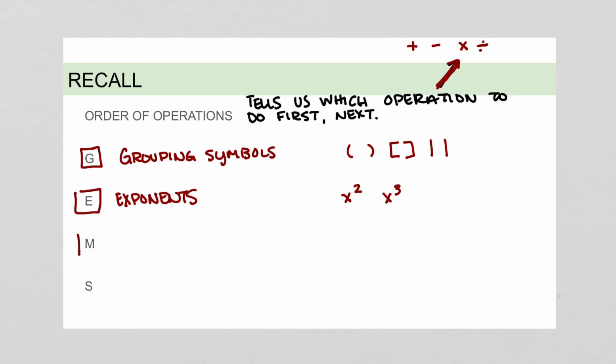And then the M in GEMS is multiply or divide left to right, right? So we will multiply or divide, and we like to do it left to right.